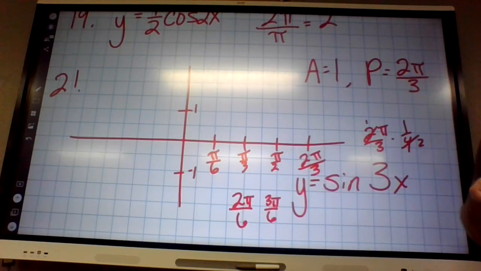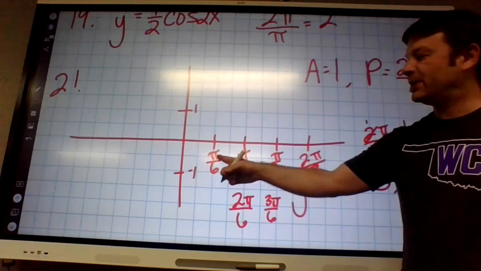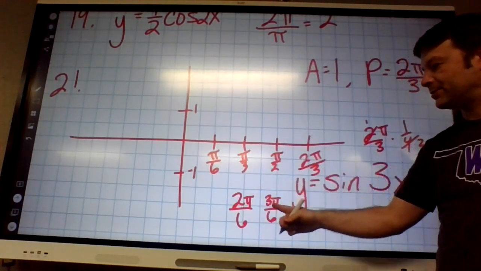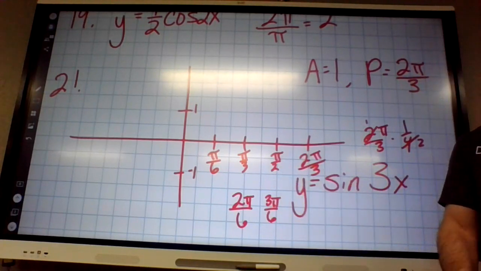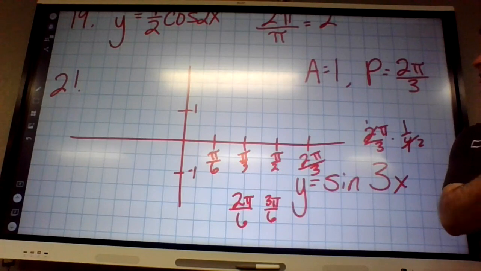That's kind of the hard part. So I divided the period by 4 to get my first mark, and then I started counting by pi over 6's: 1 pi over 6, 2 pi over 6, 3 pi over 6, and then I reduced. Okay, that was the hard part.